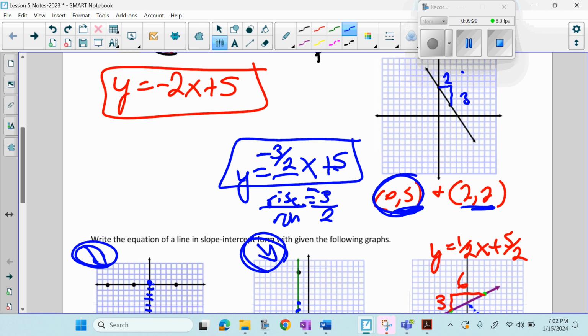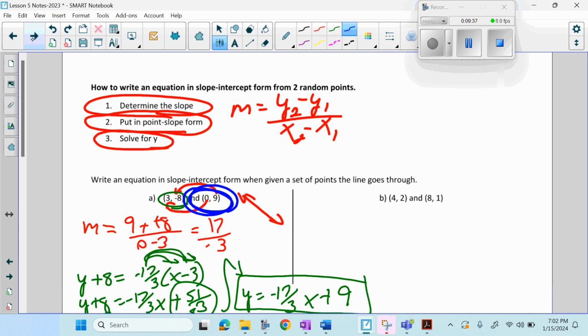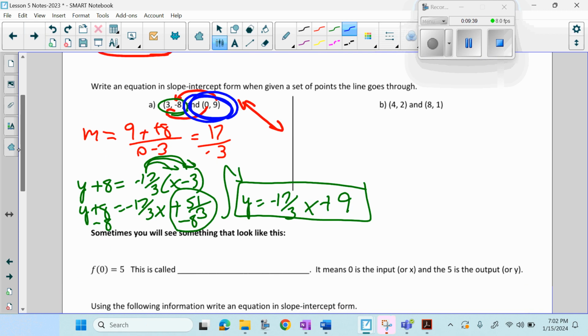And so remember right here, we had 0, 5. Anything with 0, that's going to be your y-intercept. That is a cheat. And so let's go back here and I'll show you. So this 9 was actually our y-intercept, and I could have picked that out right from the very beginning. So again, you don't have to know that, but that is a super nice cheat to know.